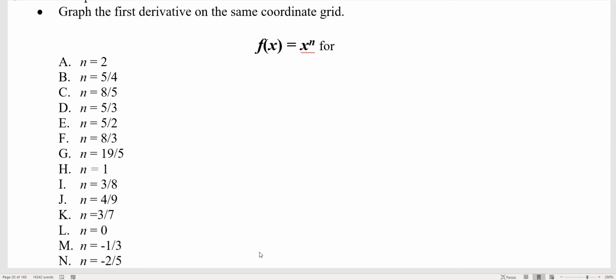And then use the power rule that we just talked about to compute the derivative, and then see if you can figure out what the shape of the derivative should look like.